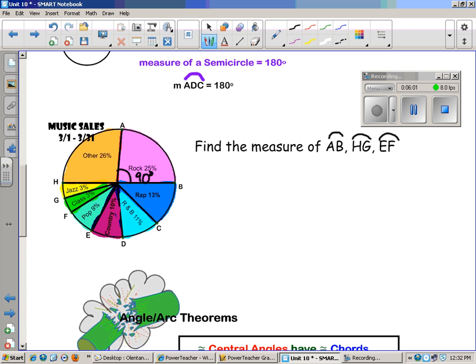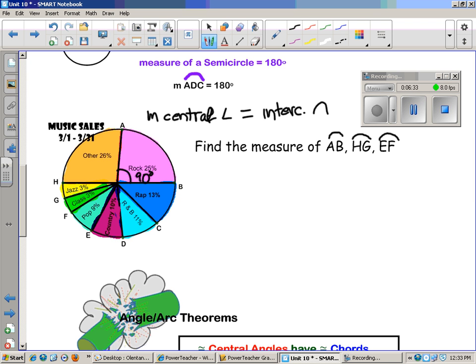The other thing that you need to remember, and we'll talk about this again later: the measure of a central angle is equal to its intercepted arc.